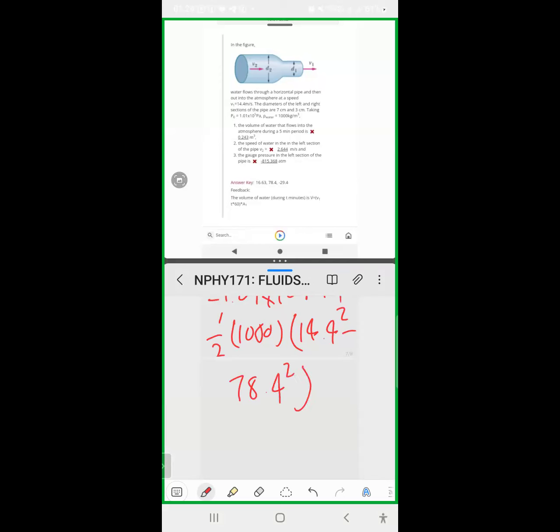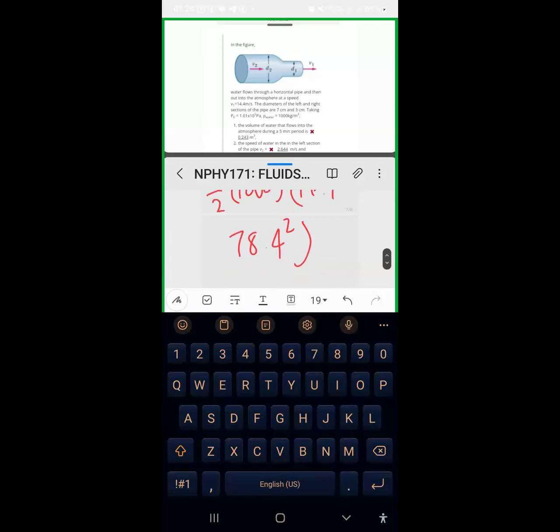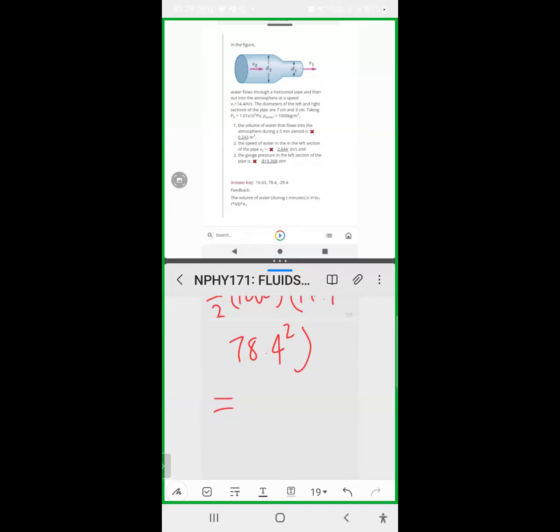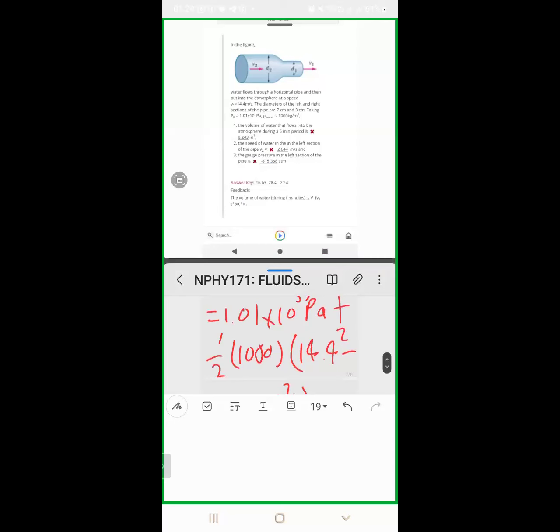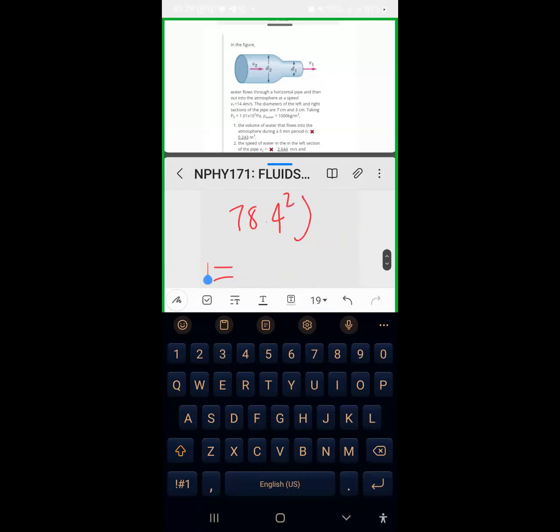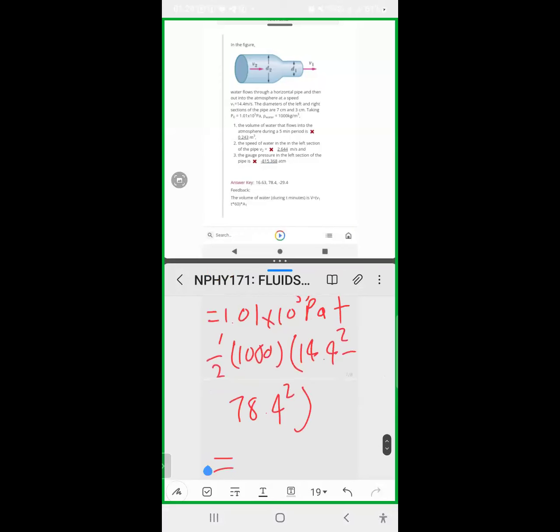So let us punch this whole thing on a calculator and see how much we get. We have 1.01 times 10 to the power 5, plus half of 1000, multiplied by 14.4 squared minus 78.4 squared.